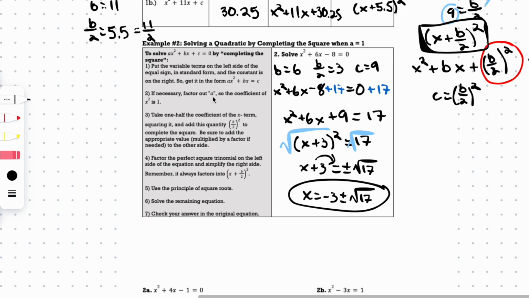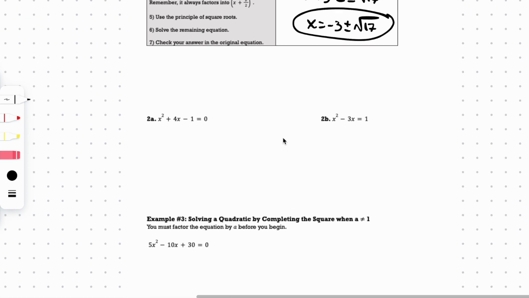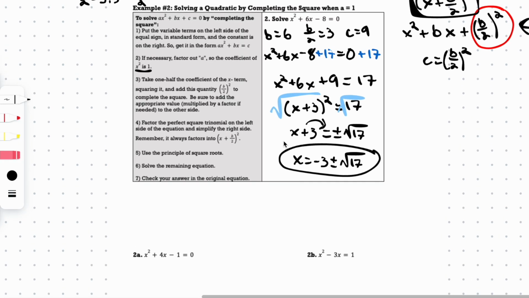If we look at the steps of solving or completing the square, you'll notice that we have to make sure the coefficient of x squared is 1. We have to make sure our a value is 1. Otherwise, we just can't use completing the square.